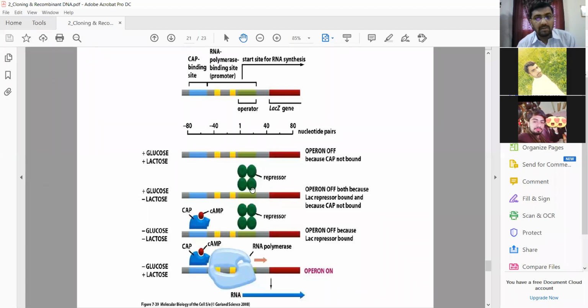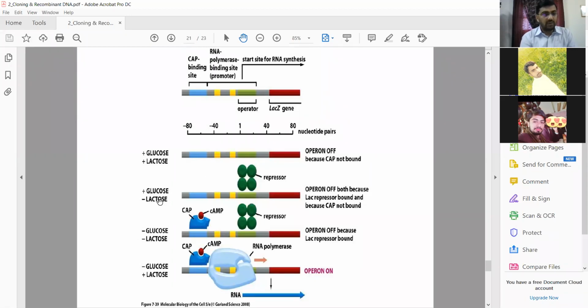In both these conditions, when there is ample glucose available, this repressor protein would remain attached to the operator sequence. What the repressor protein does is basically stop the transcription. So in the initial case, when glucose and lactose are both amply available, the operon would remain off because the CAP protein, which attaches to the CAP site, would not be available.